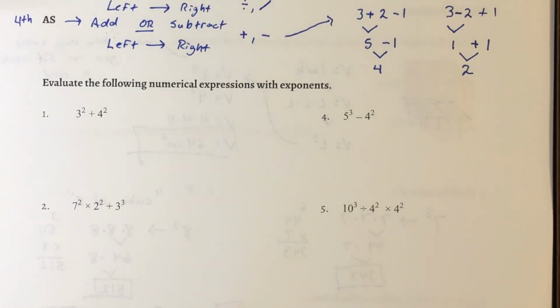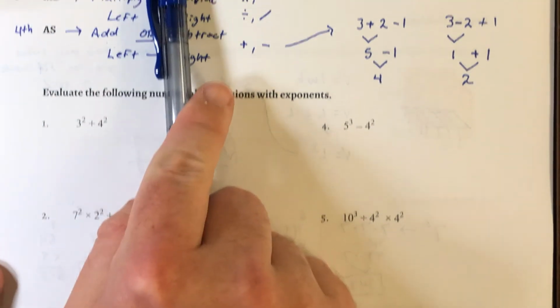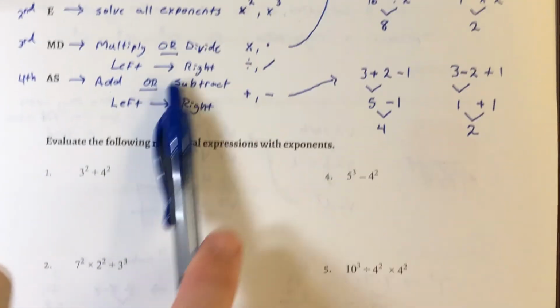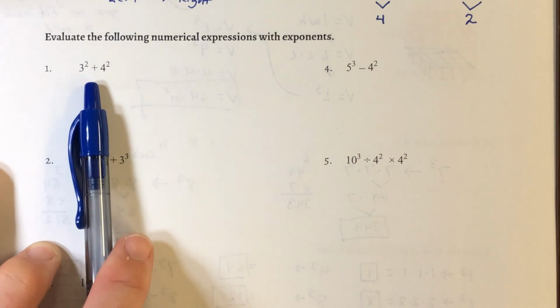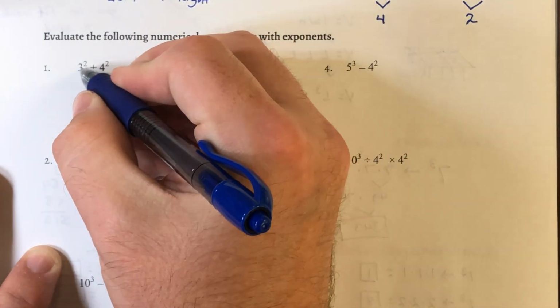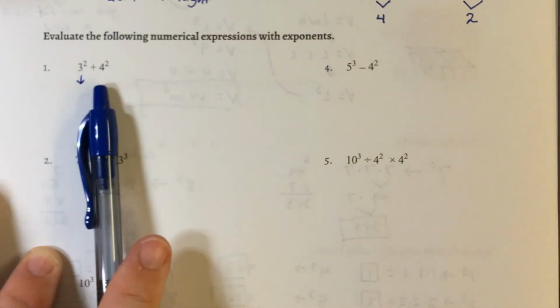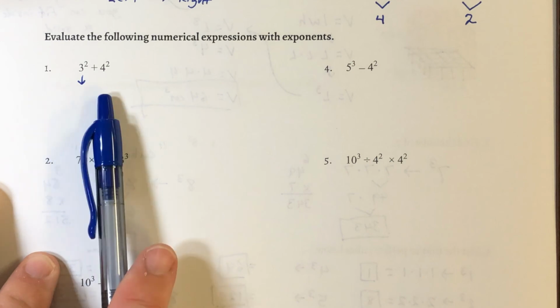Our first one, 3 squared plus 4 squared. First step, are there any parentheses? Absolutely not. Second step, solve all exponents. Do I see exponents? Absolutely yes. So 3 to the power of 2. Whenever solving numerical expressions, make sure you're writing answers on each line.